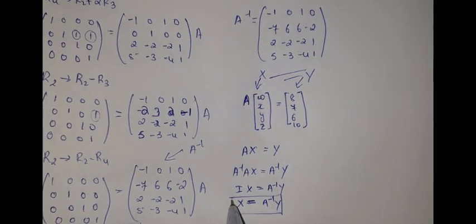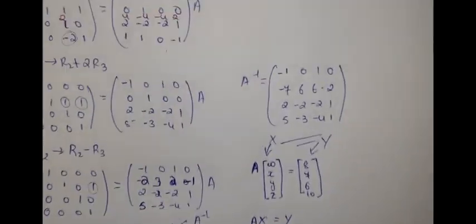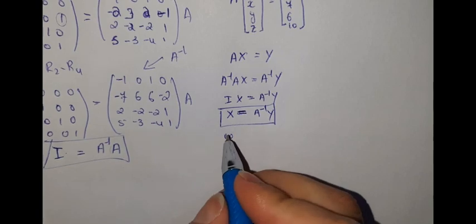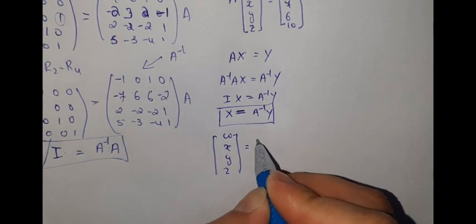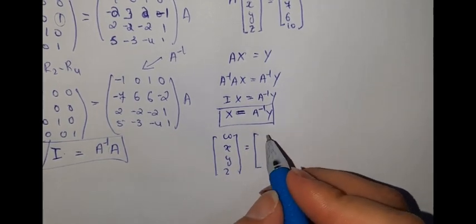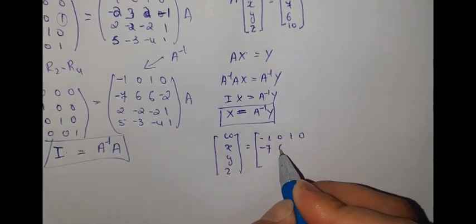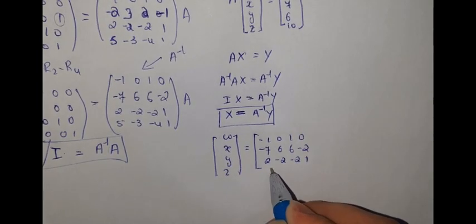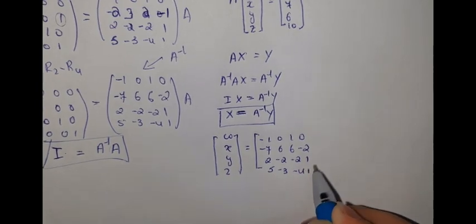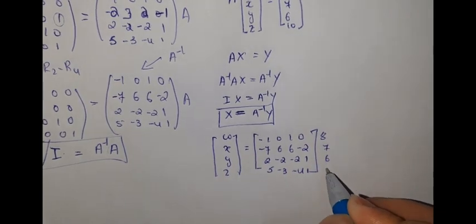So we found the result: this x is nothing but the value of w x y z. This value will be given by A inverse, that is minus 1 0 1 0, minus 7 6 6 minus 2, 2 minus 2 minus 2 1, 5 minus 3 minus 4 1, into y, which is 8 7 6 10.